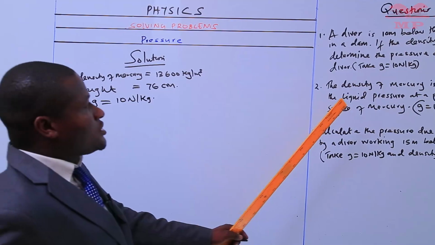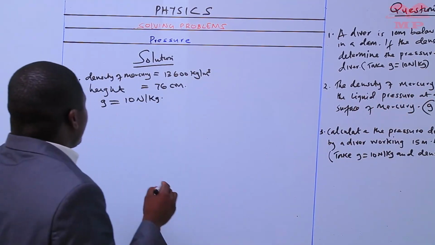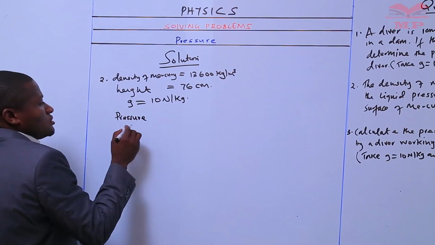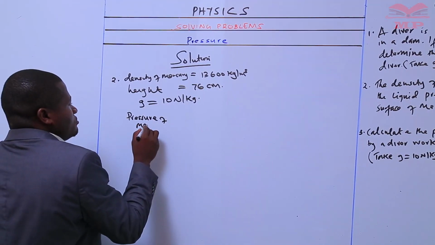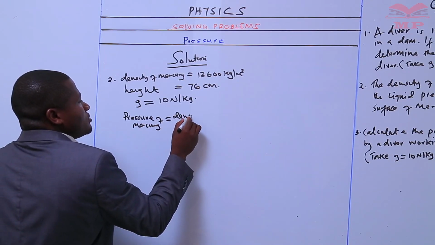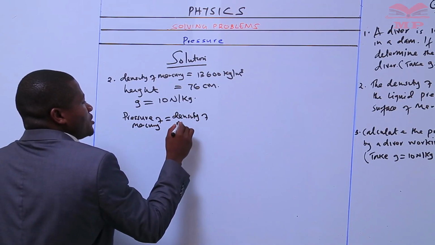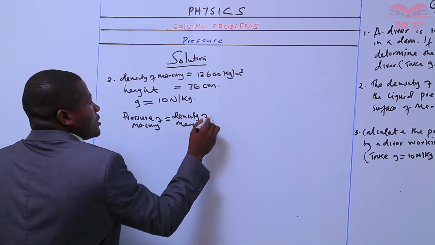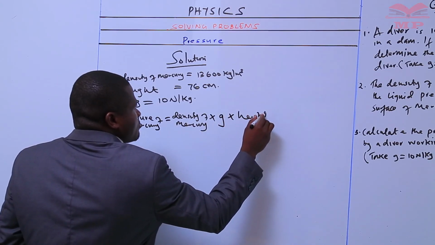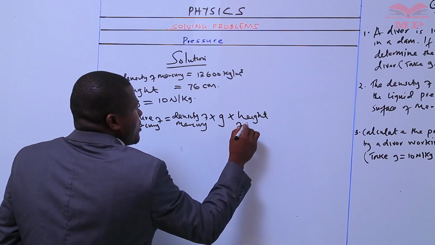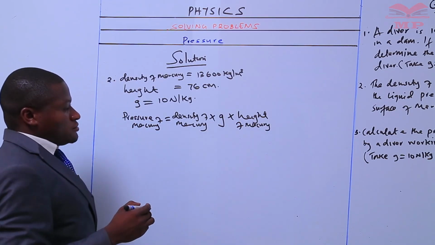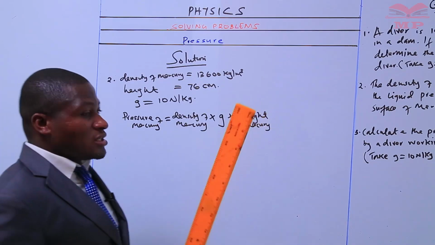We are being asked to determine the pressure, and I've said pressure of mercury is given by density of mercury times G times the height of mercury below the surface.